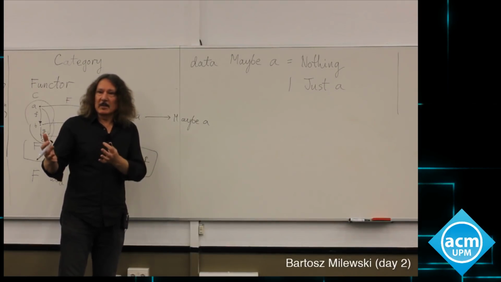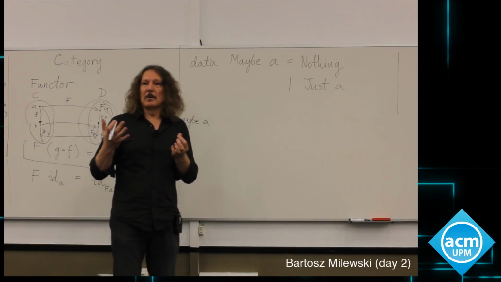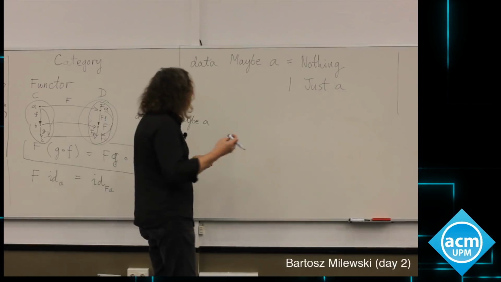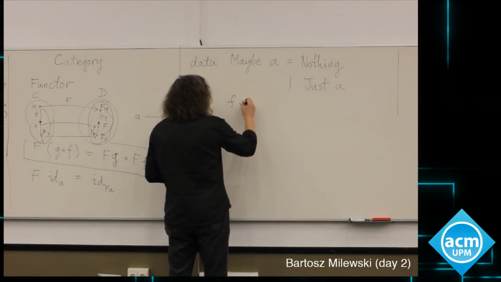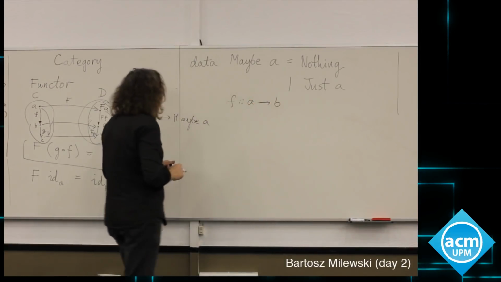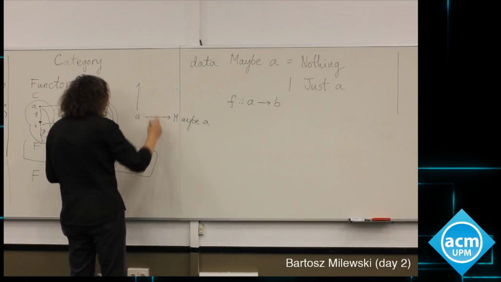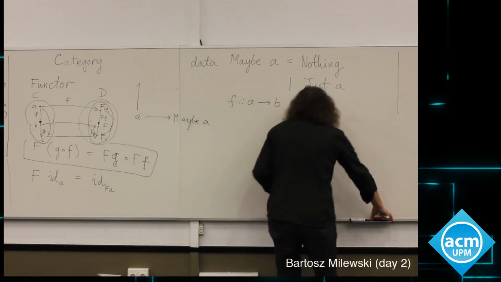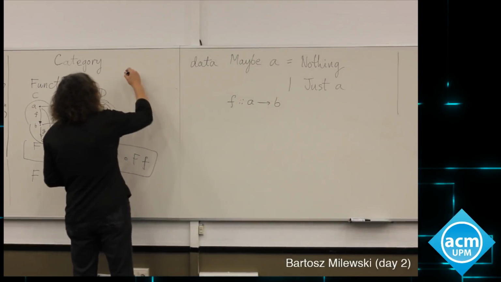But there's the second part, right? It has to map also functions. So how do you map a function? Let's say we have a function that goes from A to B. Actually, I want to draw this vertically and this horizontally because we call it lifting.